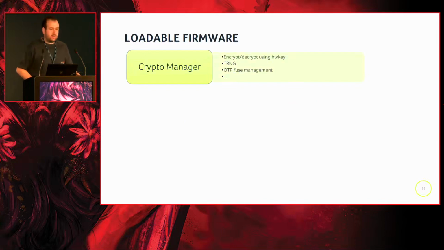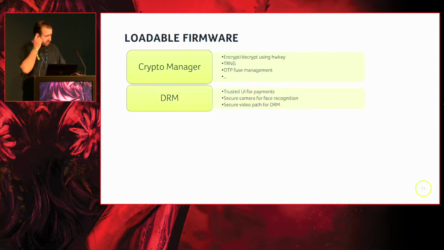As I mentioned, there are multiple loadable firmwares. We're going to list them here from the biggest to the smallest. This is the crypto manager. It has a lot of code because it has to implement all the cryptographic functionality done by the hardware. It does encryption and decryption using the hardware key, random number generation, OTP fuses, and so on.